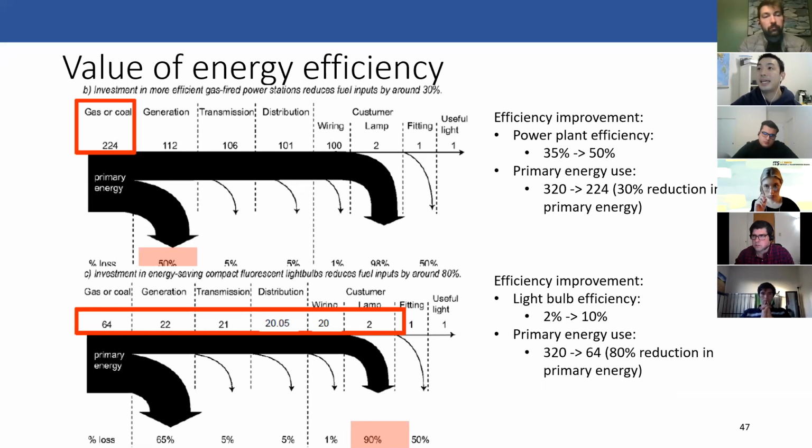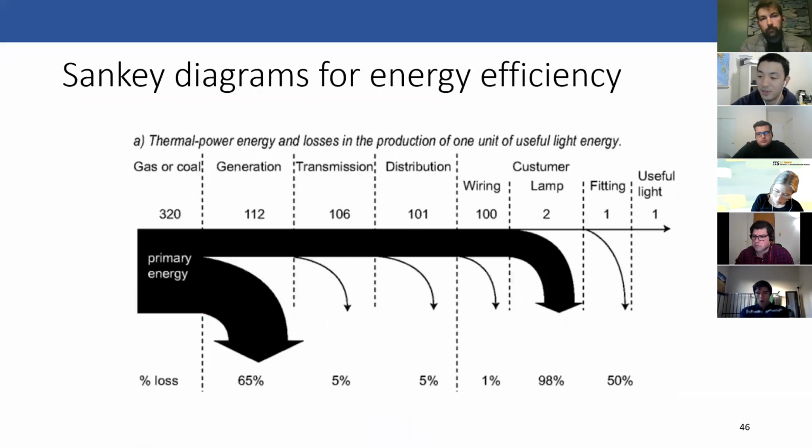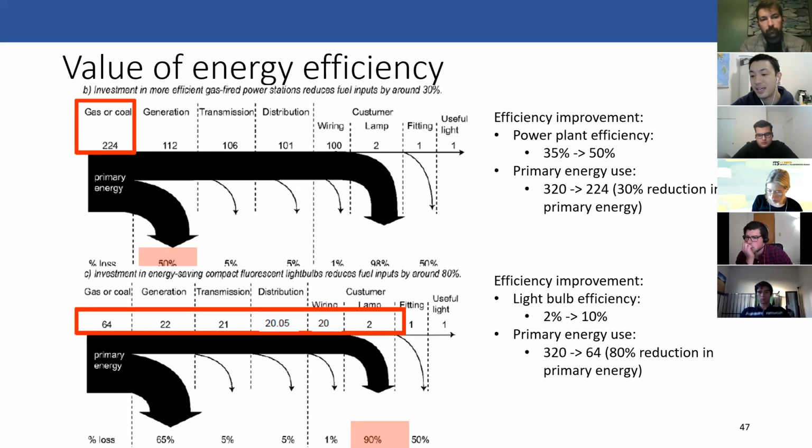Now let's see what happens if we improve the light bulb. Let's say I were to get a slightly more efficient incandescent light bulb, or a different technology light bulb. Where this number used to be 98% in our original example, so you only get 2% of useful output, in this case it goes from 98% to 90%.